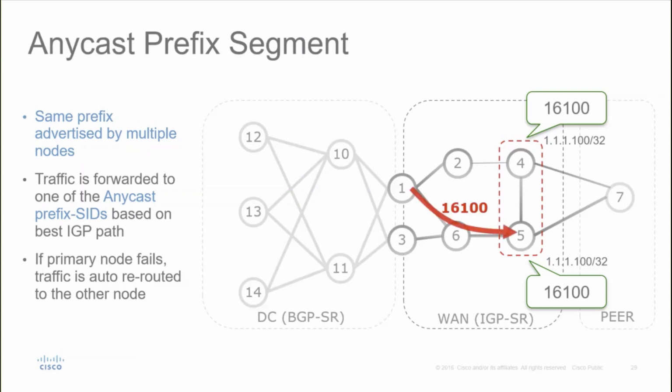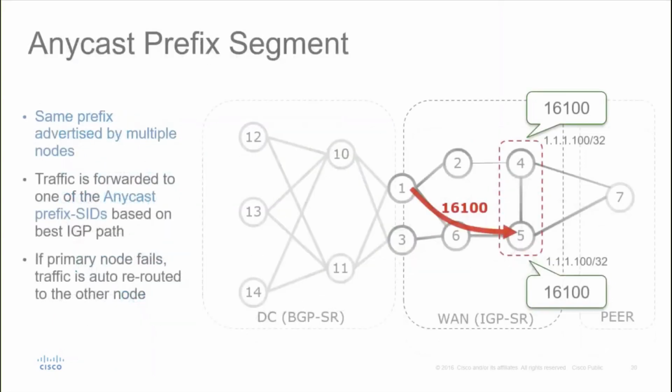And it's now really up to the IGP and the SPF to see, well, who is my closest? If 5 is my closest, and I impose the label 16,100, I'm going to send my traffic along the SPF to 5.